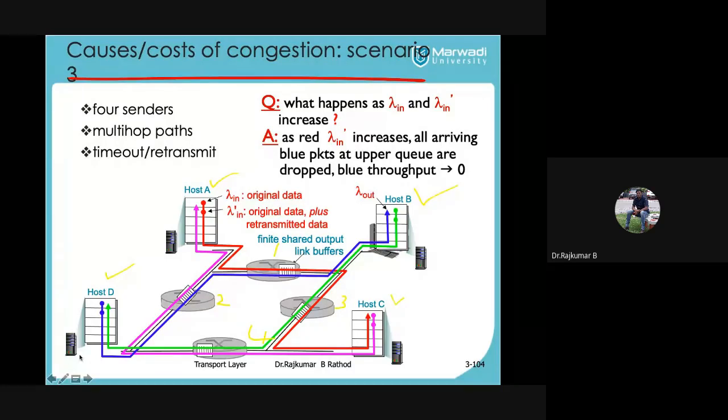Just see the assumption: the red line is connecting host A and router 1, and router 1 is connected to router 3, and router 3 is connected to host C.